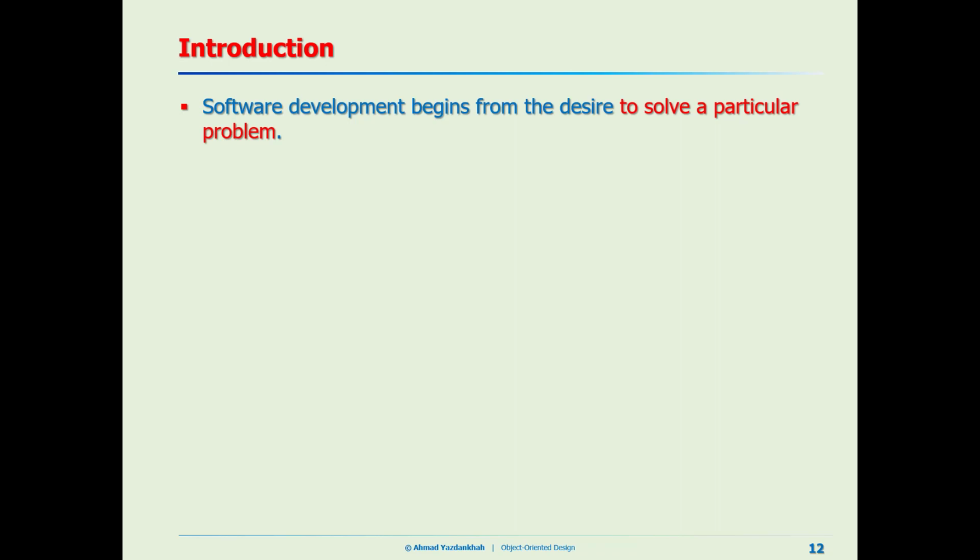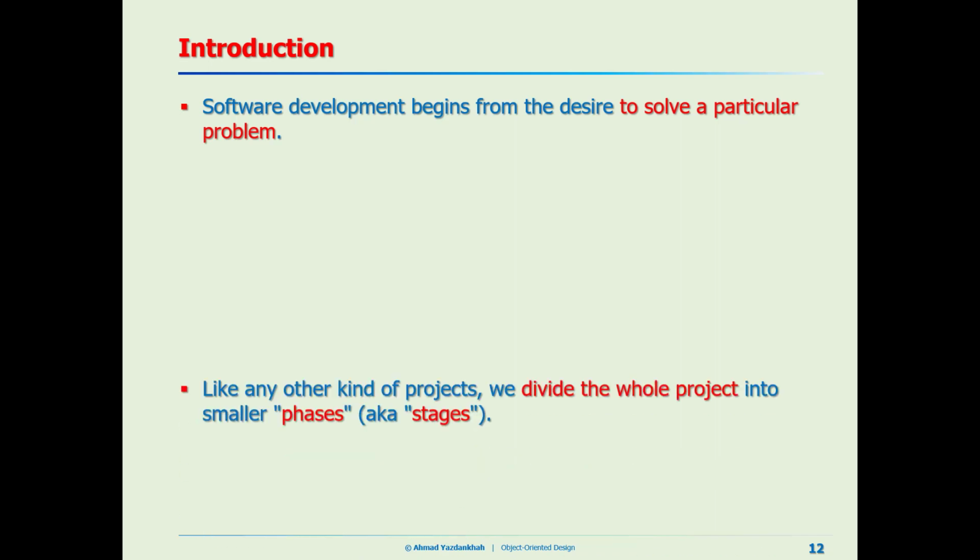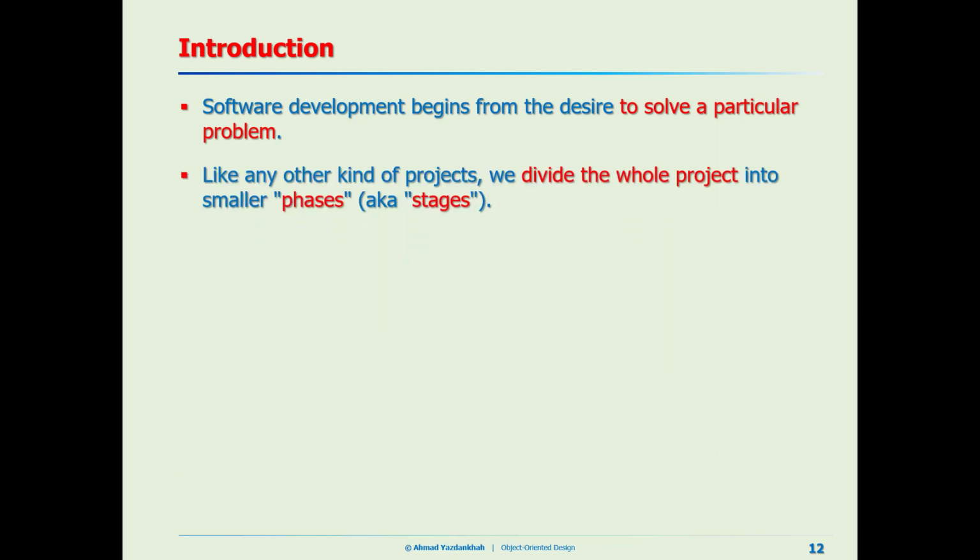So the whole process of producing software is divided into stages, right? So, or phases, okay? Before going further, let me ask you this question. When we divide a problem into smaller things, what principle is this?